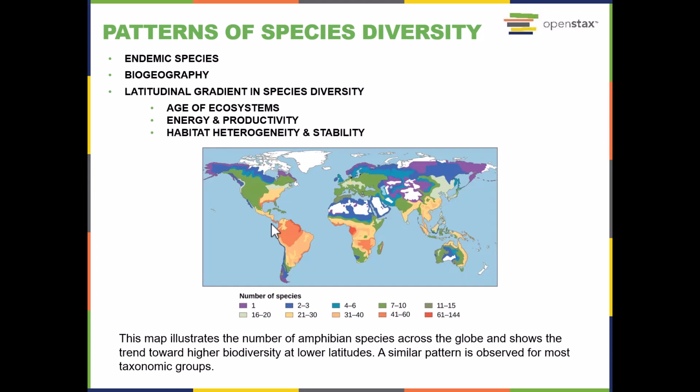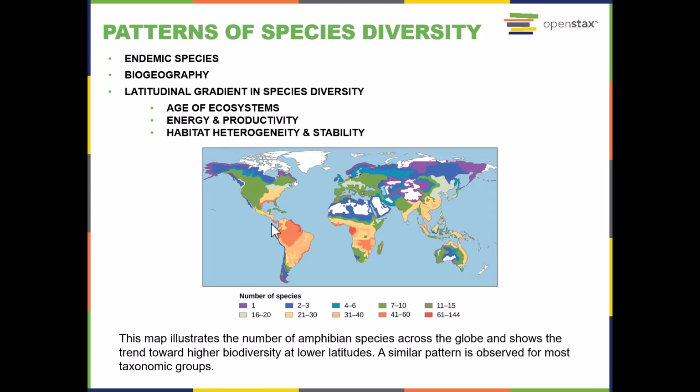Along with that also is there's a lot more habitat heterogeneity in that area. Those habitats are more varied. If we were to look at, say, a grassland, it doesn't have a lot of heterogeneity. But if you go and look inside of a tropical forest, there's a lot of heterogeneity there. And that then opens niches for new species, right? So if we have a more heterogeneous environment, more speciation, more species there.